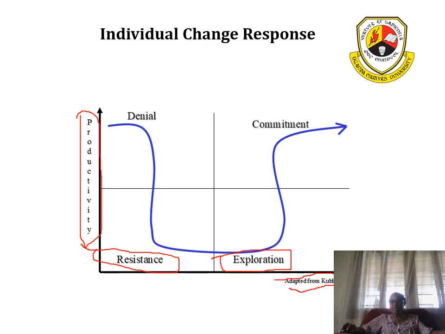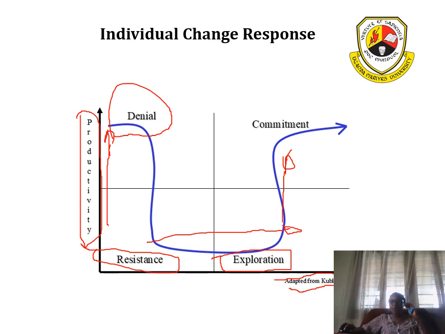As they begin to explore and they see productivity is going up, then they may be able to commit. But once their old system sees them being productive, then denial has to be there. What we want is for them to explore, and as they begin to explore and see that the system works, then commitment can come in.